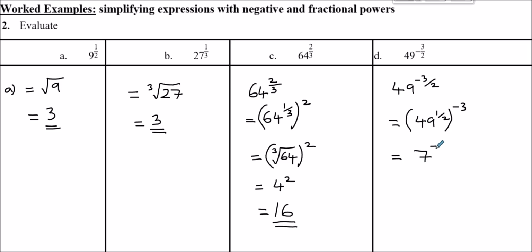So we have 7 to the power minus 3. Anything to the minus power is the same as 1 over that same thing to that positive power. So 7 to the minus 3 is the same as 1 over 7 cubed, and 7 cubed, 7 multiplied by 7 is 343. And so the final evaluation of this one is it's 1 over 343.